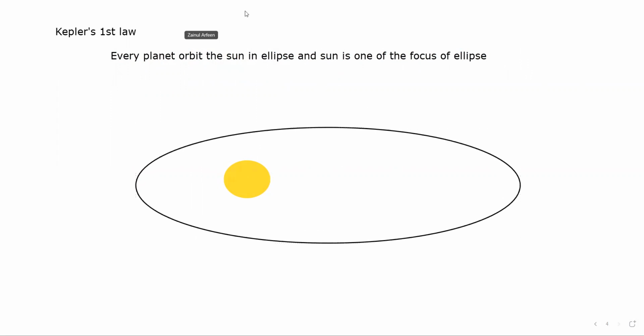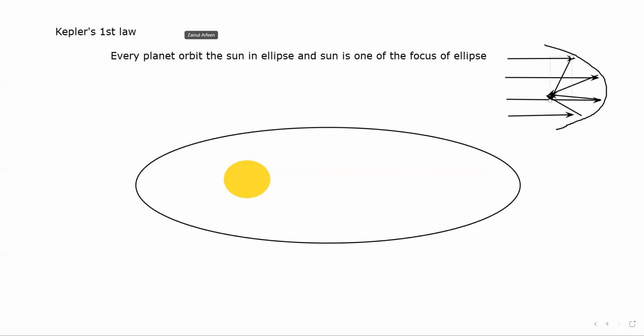According to Kepler's first law, because this is an ellipse, there will be a focus here. To understand focus simply, if I have a curved surface and parallel light rays, these parallel light rays will converge at one point, and that point we call the focus.